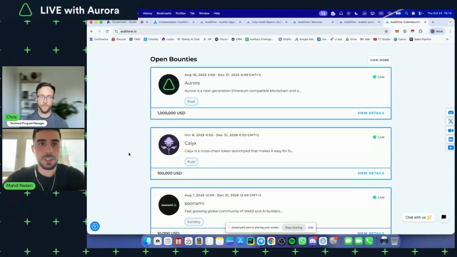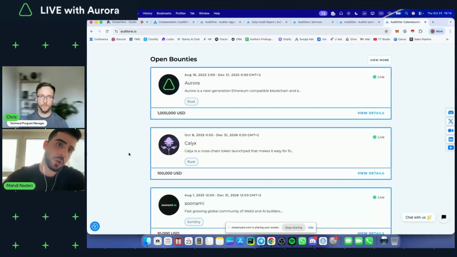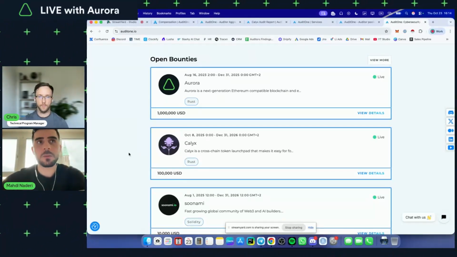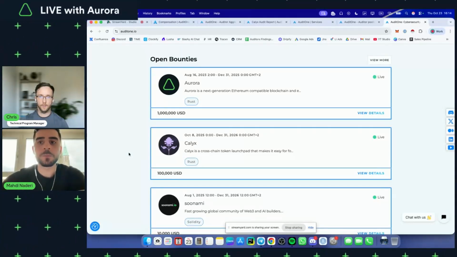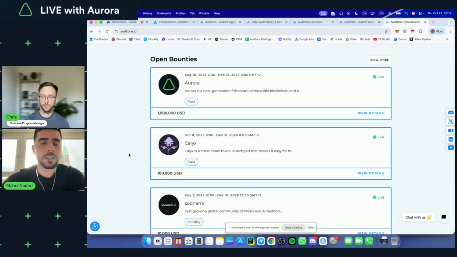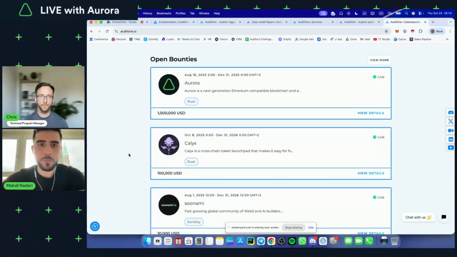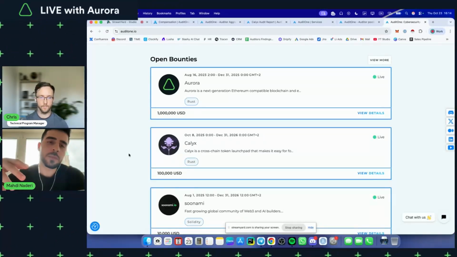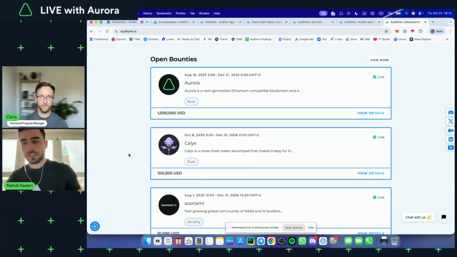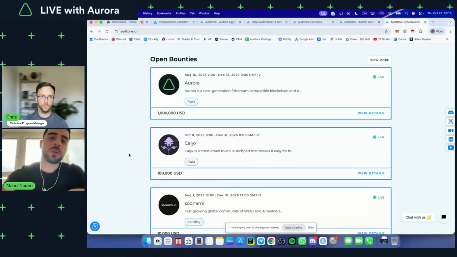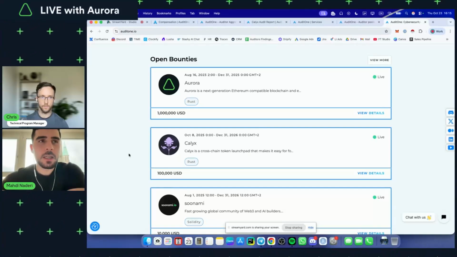If somebody is interested not only in an audit but also in a bug bounty, that could be a good fit. We also have other things that go beyond auditing, such as on-chain security, where our team would be a guardian of the platform and provide general on-chain security.